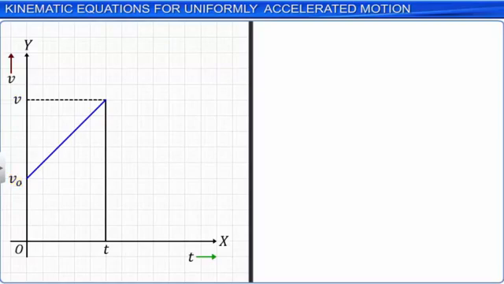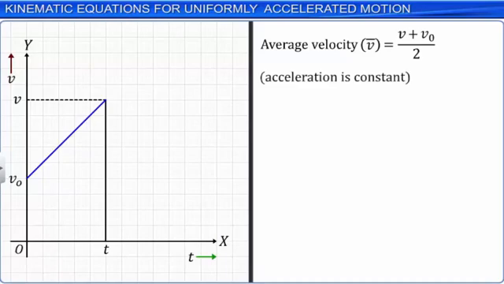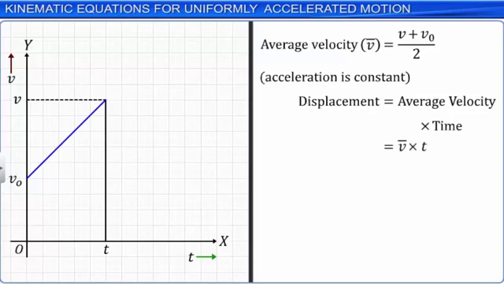We know that displacement is the product of average velocity and time, that is, the product of v dash and t. From equation 1, v is the sum of v naught and a t. By rearranging the equation, we get time t equal to the ratio of the difference of v and v naught and a.